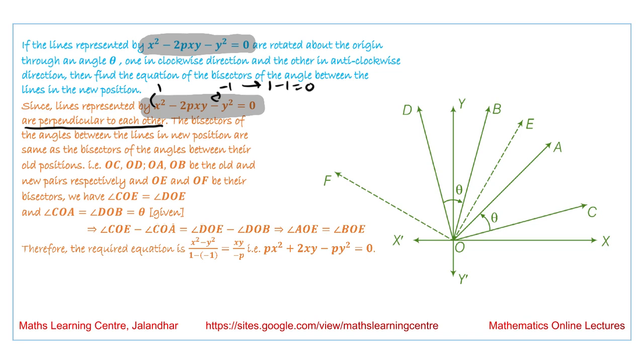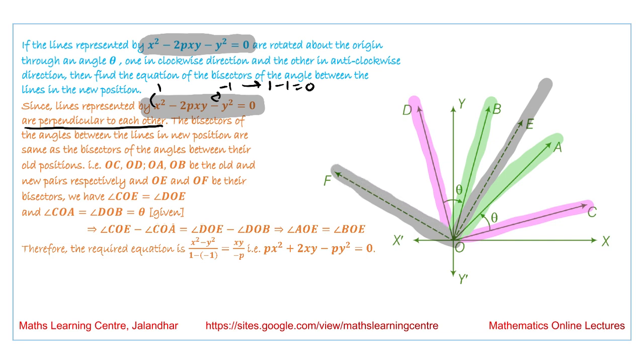Now suppose that the pairs of lines we are talking about, one is the line OC and corresponding to this the line OD. The second pair we are talking about is OA and OB. These are the two pairs we are talking about, and their bisectors: OE is the angle bisector and OF is the angle bisector.